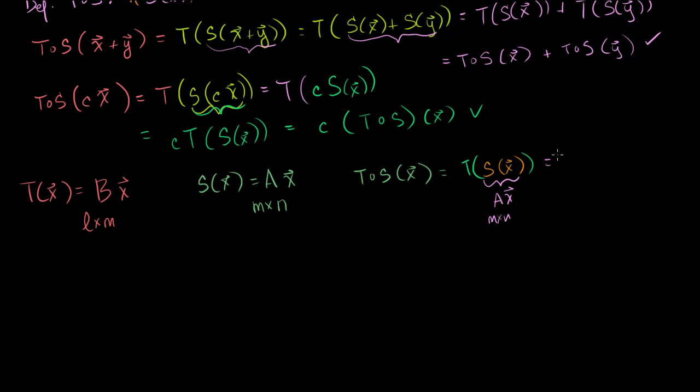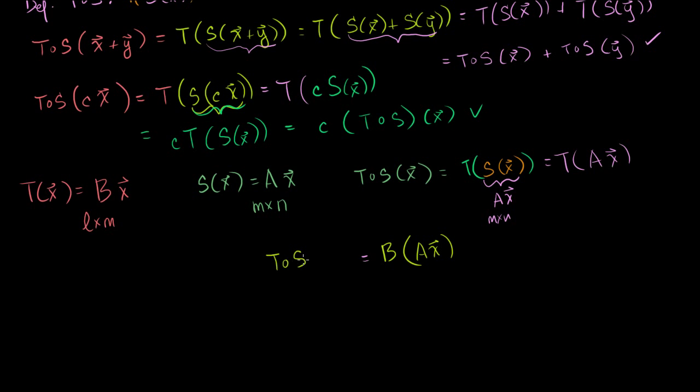So we could say that this is equal to the transformation T applied to A times X. Now, what is the T transformation applied to any vector X? Well, that's the matrix B times your vector X. So this thing right here is going to be equal to B times whatever I put in there. So the matrix B times the matrix A times the vector X right there. This is what our composition transformation is.